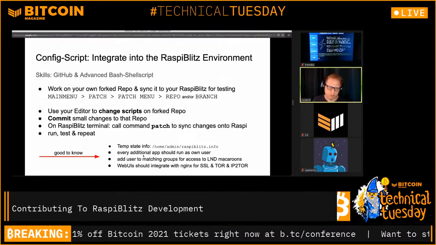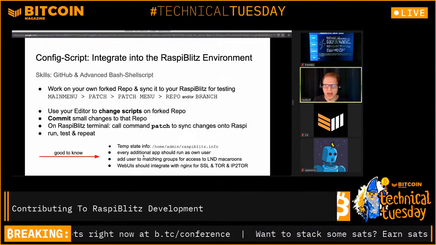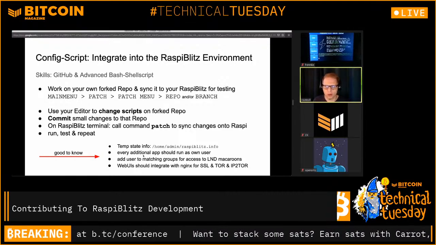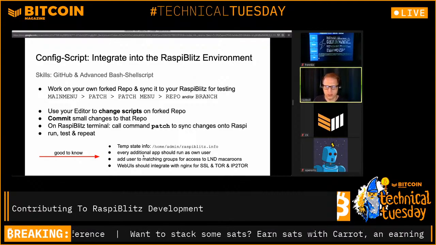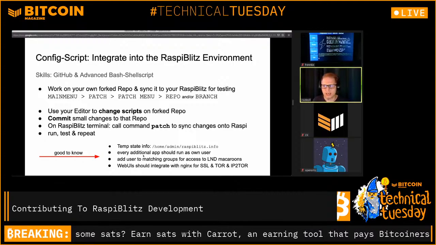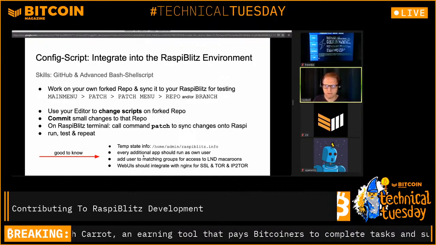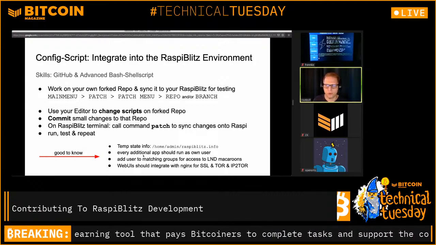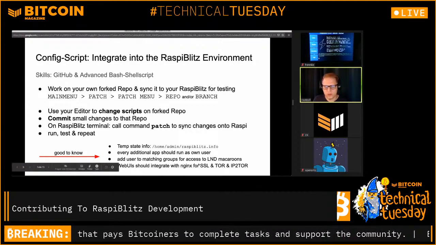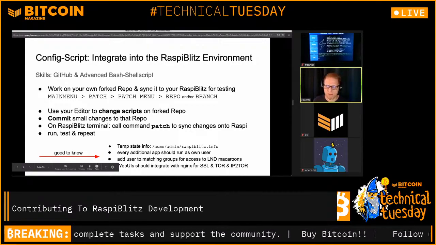And then, if your additional app has a web UI, a little server that you can call locally and open up in your browser like other apps are doing, like ThunderHub or RTL or BTCPay Server, they all have web UIs that give you user interaction. For those, you should look into using the Nginx that we have running.